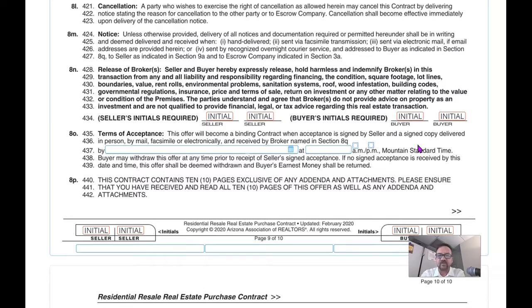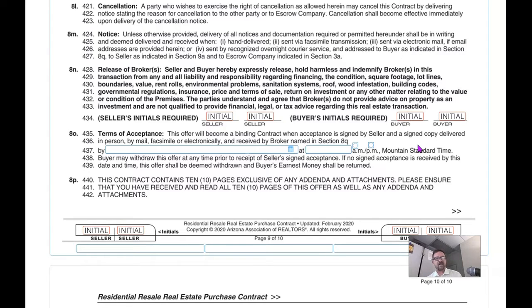The parties understand and agree that brokers do not provide advice on property as an investment and are not qualified to provide financial, legal, or tax advice regarding this real estate transaction. And we have the sellers and the buyers separately initial that they understand it's not Ray's fault.